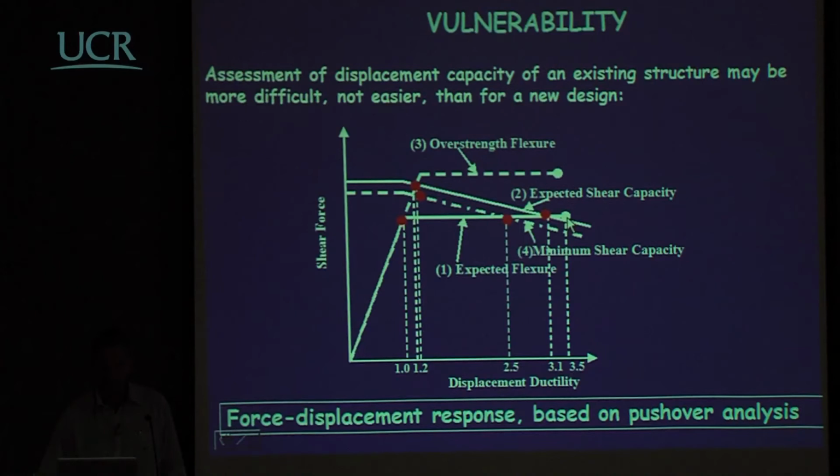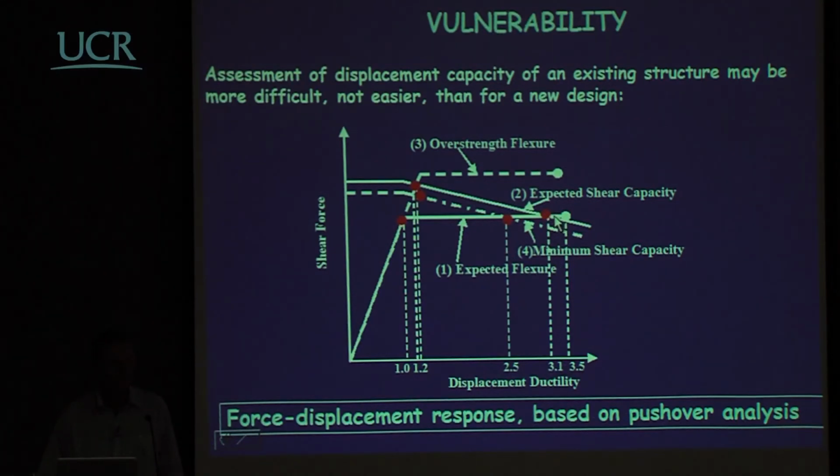And this point out here is the limit to ductility capacity at which we would expect a flexural failure. We also look at the shear capacity, and here's the typical shear capacity which reduces with displacement ductility. And these two happen to intersect at this point here. So this is our best estimate of the ductility capacity of this bridge column, 3.1.